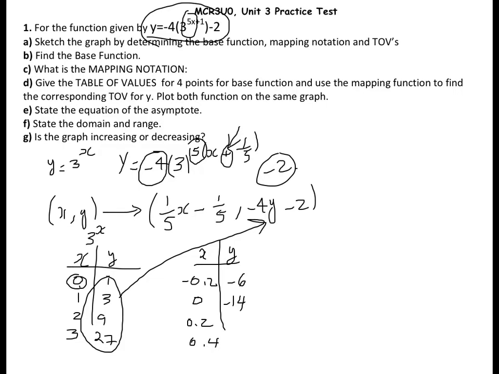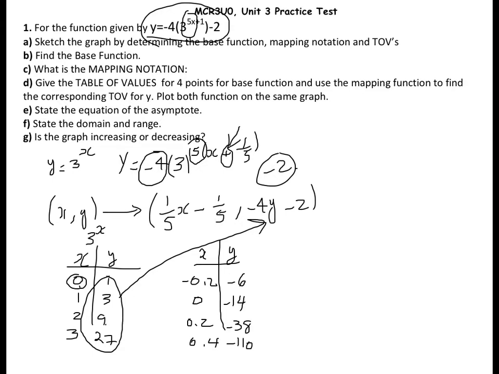If y is 9, negative 4 times 9 is negative 36 minus 2 is negative 38. And the last one, 27 times negative 4, subtract 2 from it, I get negative 110.